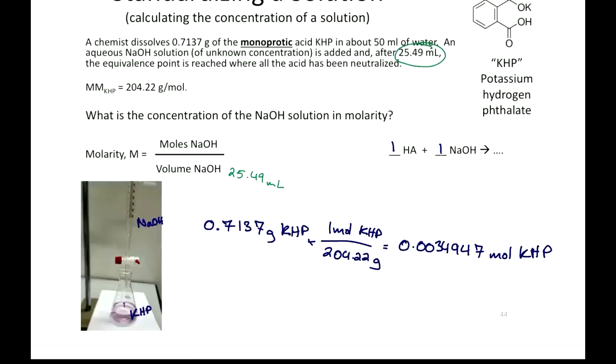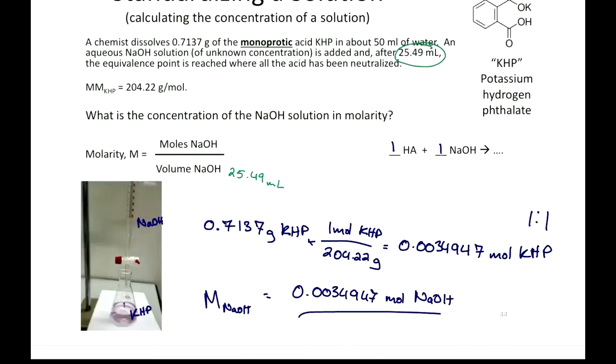So the molarity of NaOH is going to use that same number, 0.0034947 moles of sodium hydroxide, because it's a 1-to-1 ratio, over the volume of sodium hydroxide that you use.